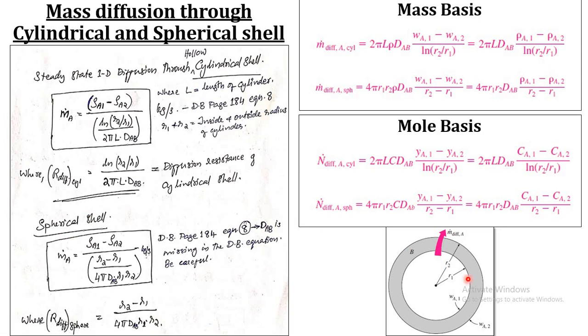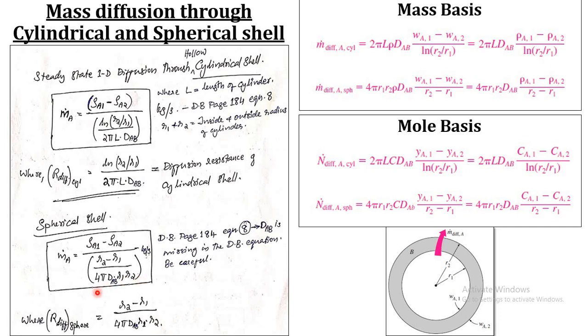In the same way, this same figure we can use for a spherical shell also. You will get the equation mA, the diffusion of species A through the spherical shell of species B, equal to (rho A1 minus rho A2) divided by (R2 minus R1) by DAB R1 R2.